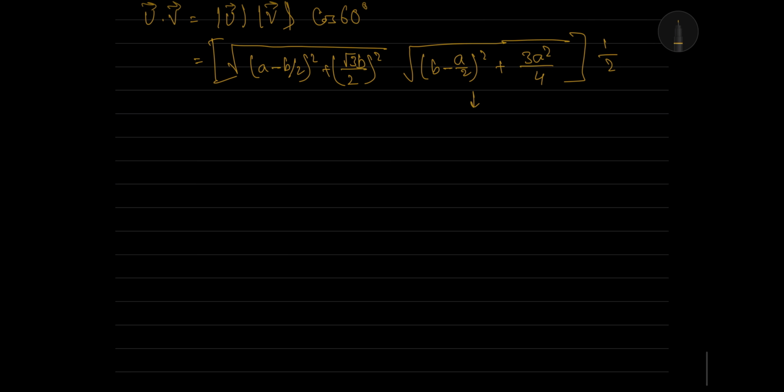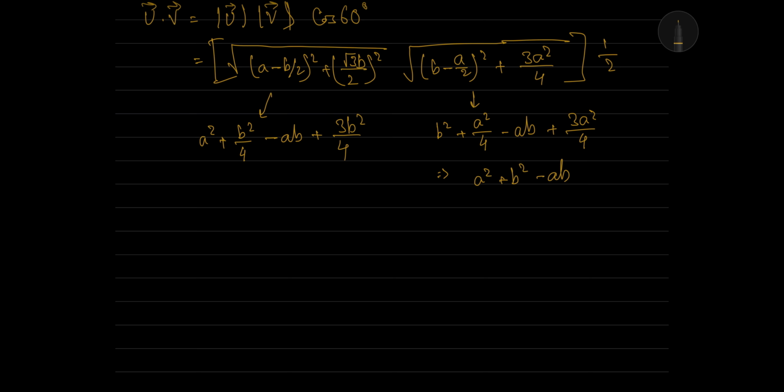From this the vector will be a squared plus b squared by 4 minus ab, plus 3b squared by 4, which means a squared plus b squared minus ab. Similarly the other is a squared by 4 plus b squared by 4 minus ab plus 3a squared by 4, that will again be a squared plus b squared minus ab.